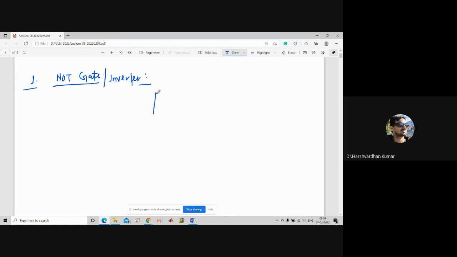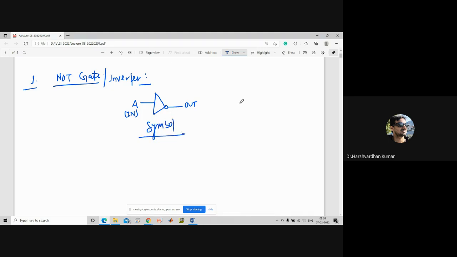The symbol of a NOT gate or inverter looks like this. There is only one input and one output. So this is the symbol of an inverter, or NOT gate.